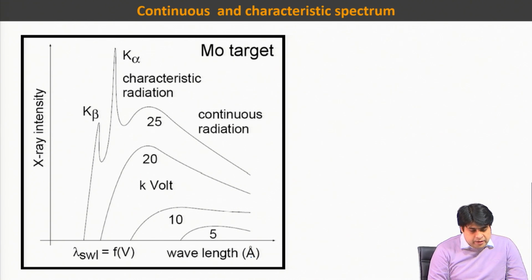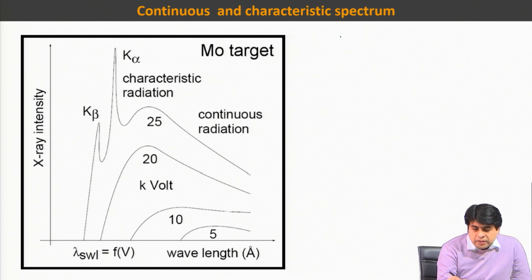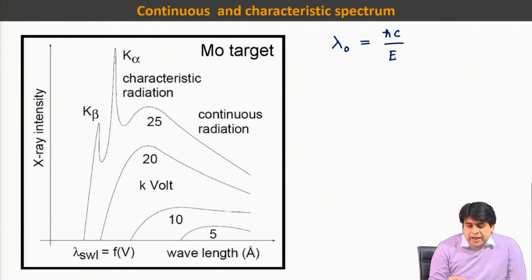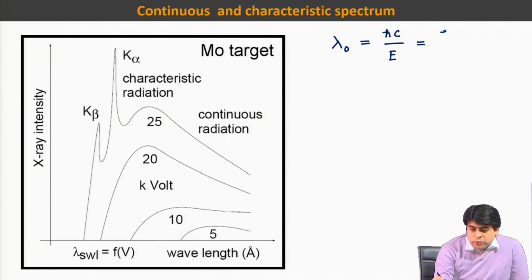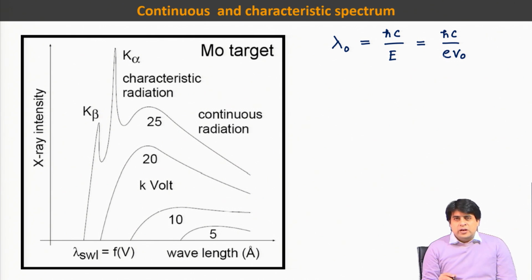Suppose you have a certain wavelength of an X-ray and you try to calculate it: lambda is equal to h c by E, which is equal to h c by e V 0, where e is the charge of the electron and V 0 is the potential difference.